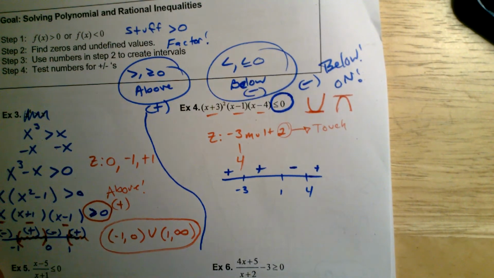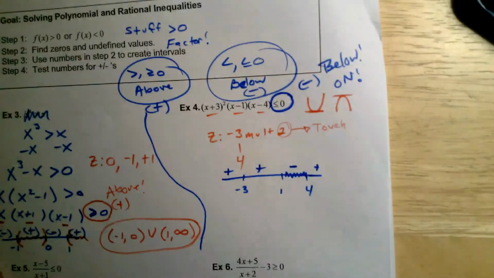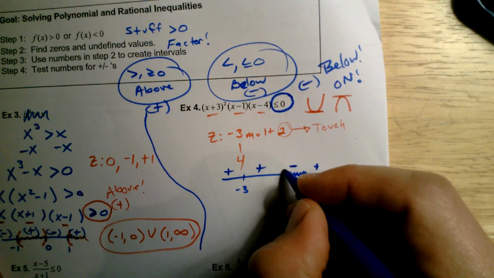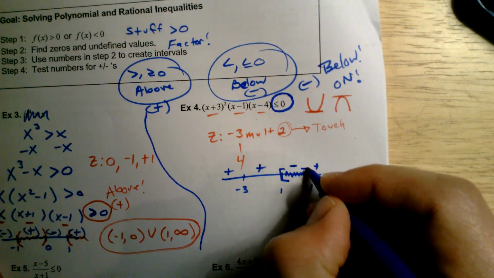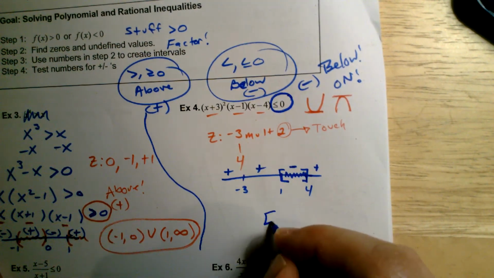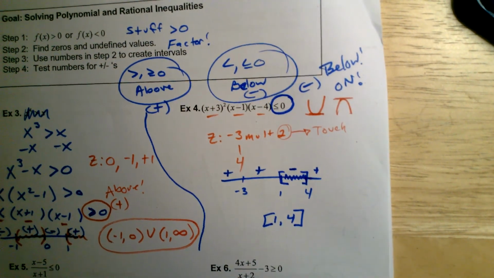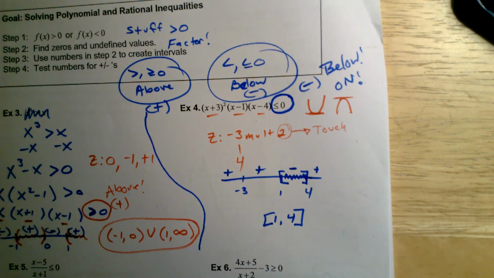As I take a look, right here, it's negative, right? It's on the x-axis. That's inclusive here and here. Now in MyMathLab, if you type in bracket 1 for bracket, you're going to get it wrong. Okay? Does anybody know why this is almost right?